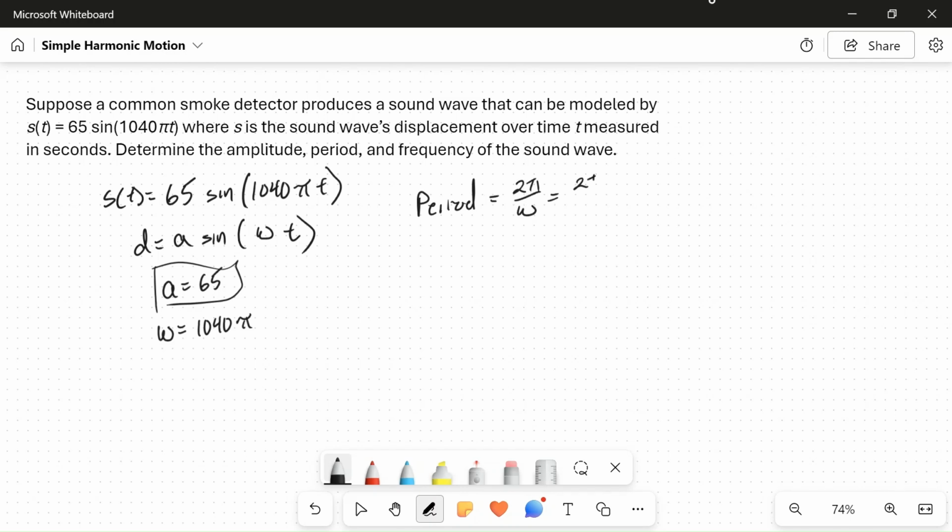So it's going to be 2 pi over 1040 pi. The pi's cancel, and so we're left with 2 over 1040. We could reduce that. We could also just go ahead and divide that on the calculator. So 2 divided by 1040 is going to be a really small number.